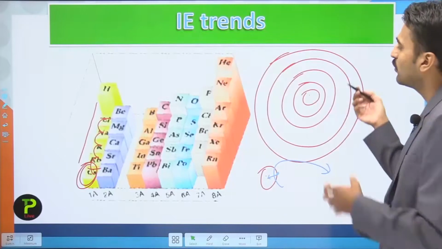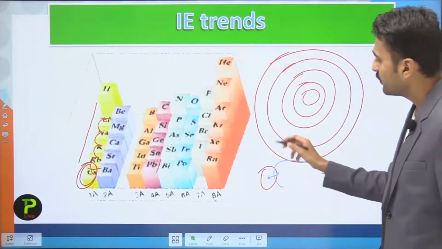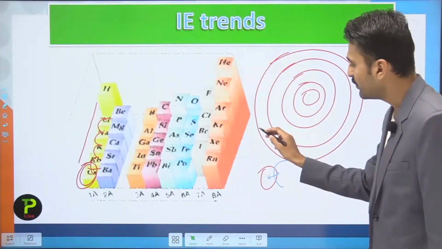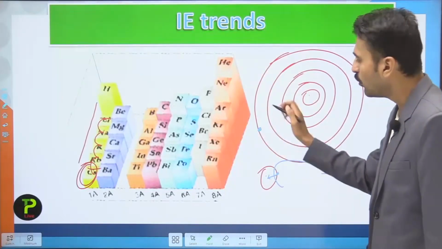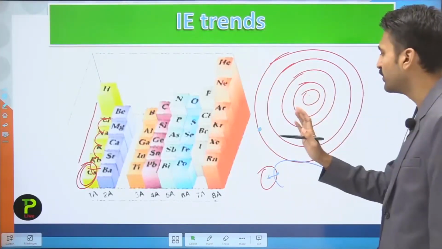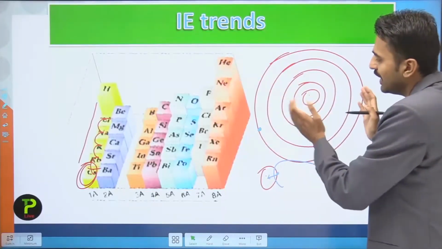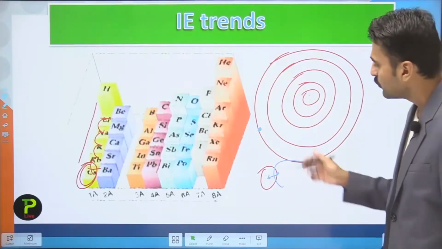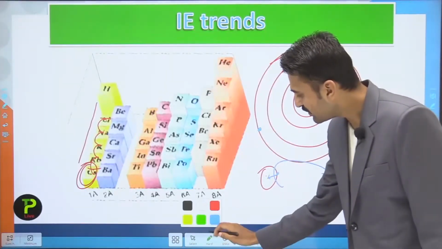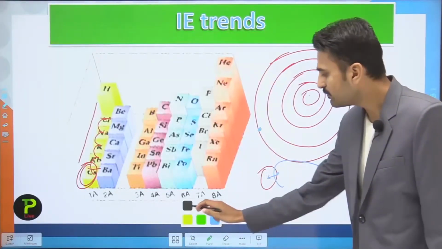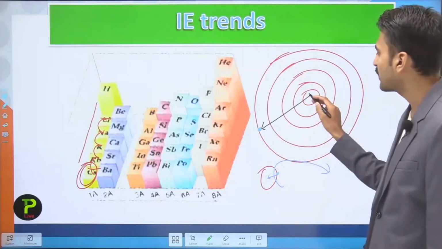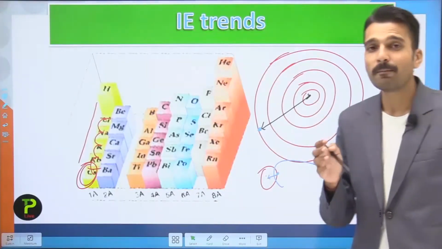While in the case of this bigger atomic size, just for example, I am representing an atom with only the outermost shell. Remember students, I am not representing any other electrons in the inner shells. Here you can see clearly that the distance between the outermost electron and the nucleus is much higher.